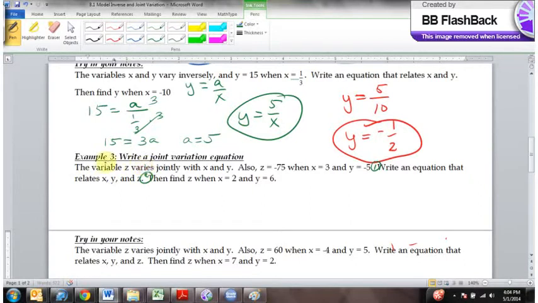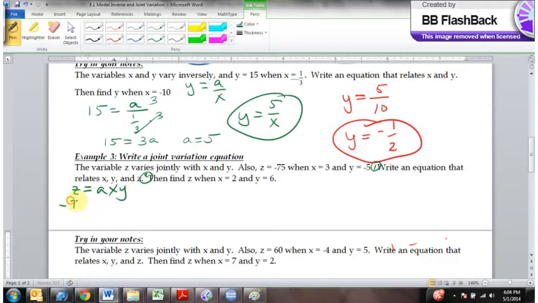So varies jointly means we're going to have z equals a x y. We know z equals negative 75 when x equals 3 and y equals negative 5. So just like the previous example, we need to find a. So we're going to plug all that stuff in.